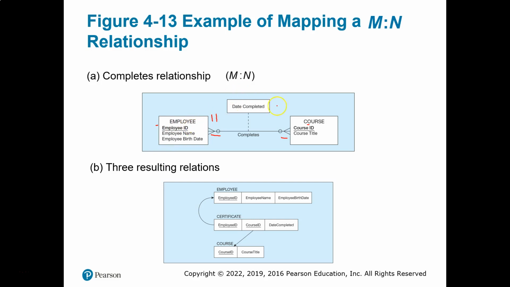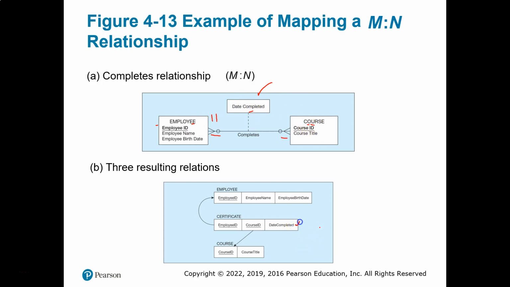Now, this date completed field is, or table, it's not actually a table. This is what relates the employee and the courses tables. This is a separate field that gets filled in.